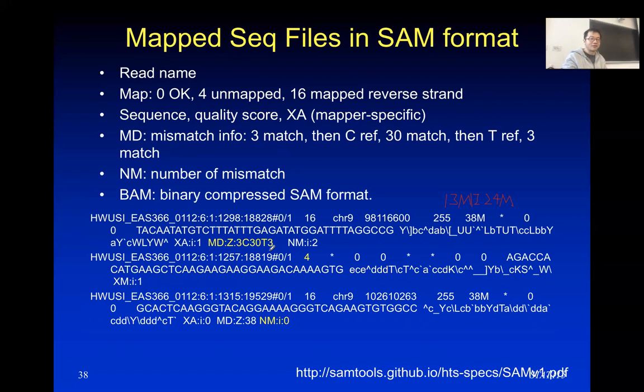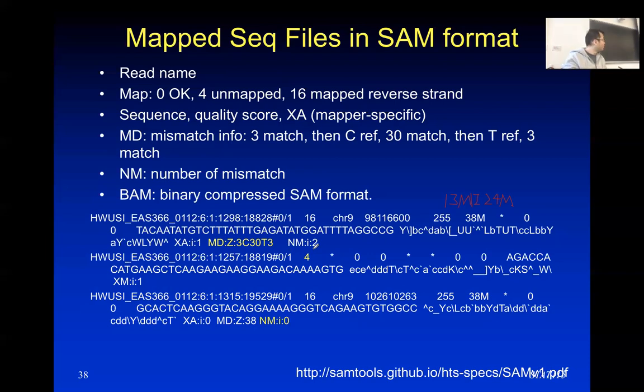And this field is very useful if you are doing SNP analysis, like variant analysis, because you can see the read is different from the reference genome. And the field that starts with NM is the number of mismatches, which says this read has 2 mismatches to the reference genome.